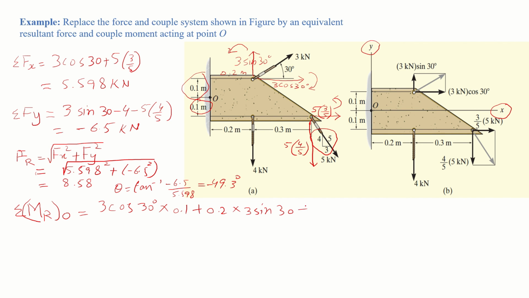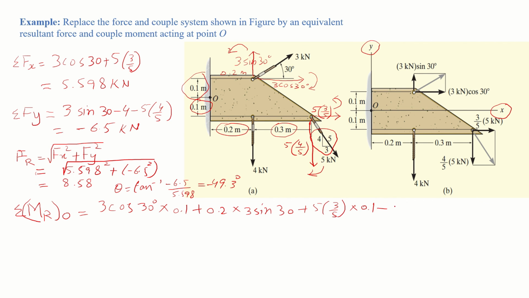So plus 5 times 3 by 5 multiplied by 0.1. The second component of this force will rotate in the clockwise direction, and it has a perpendicular distance of 0.3 plus 0.2, which is equal to 0.5.